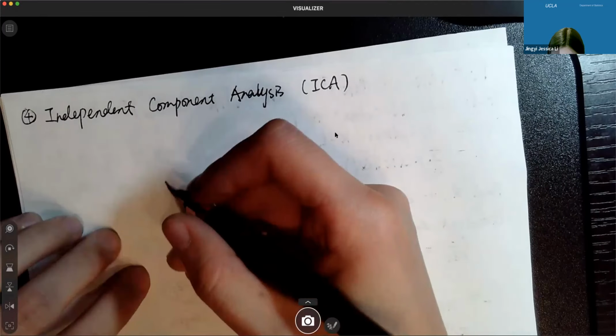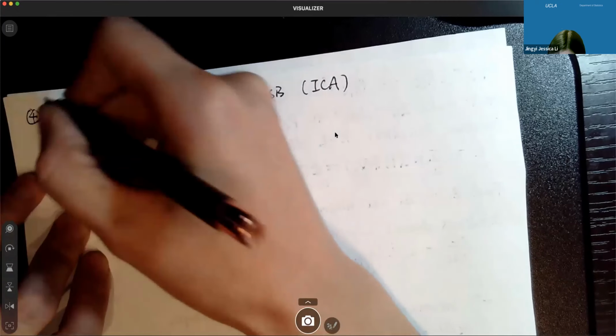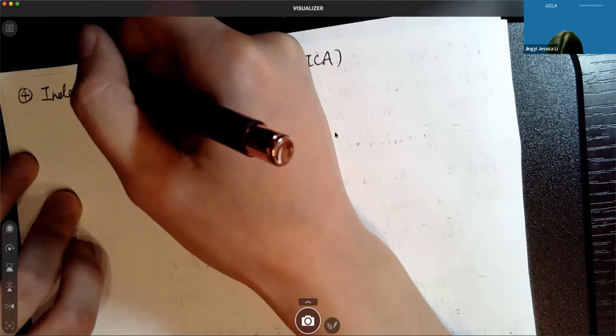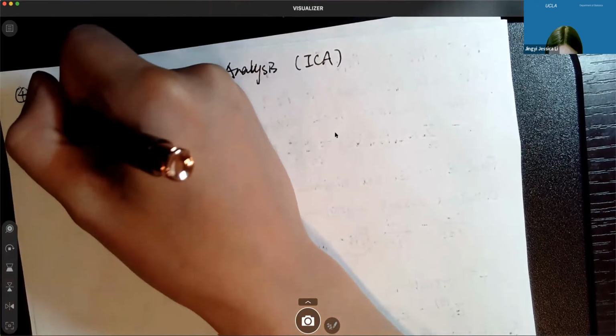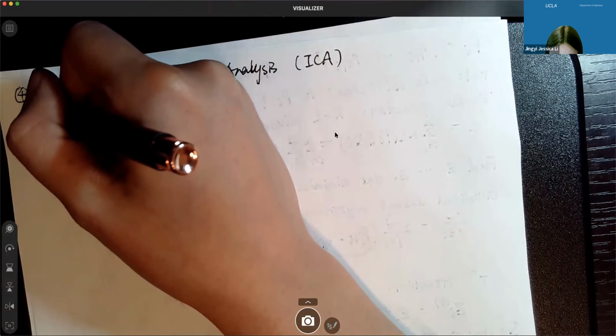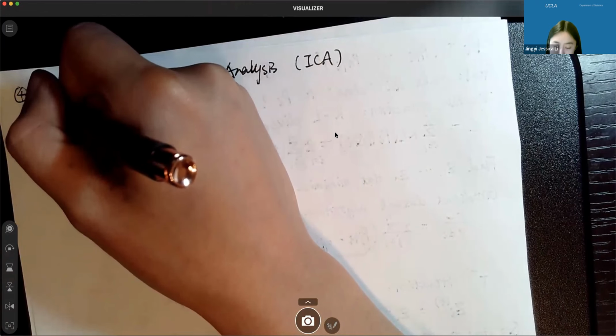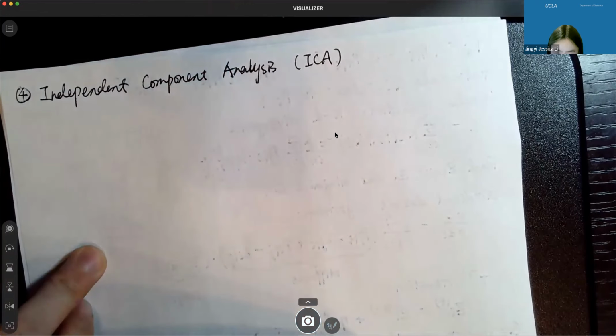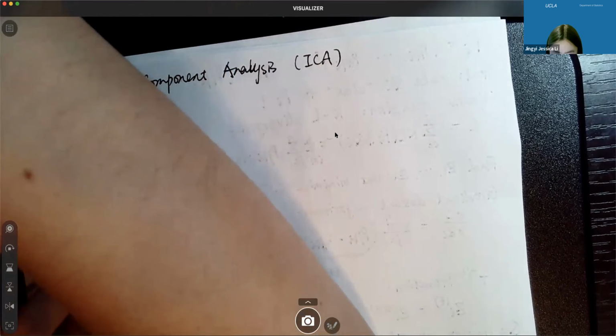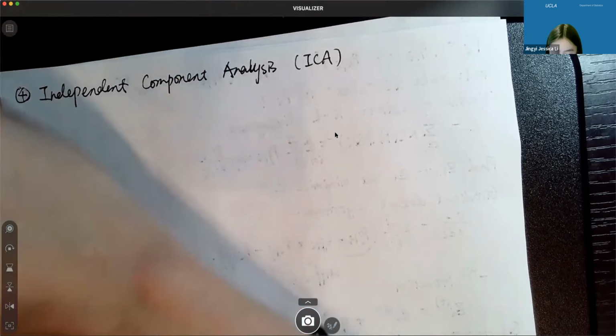Okay, so independent component analysis can be considered a decomposition. The key idea is that we have some measured signals, but you believe they come from independent sources. Let me give you the example, which is stated in detail in our notes.